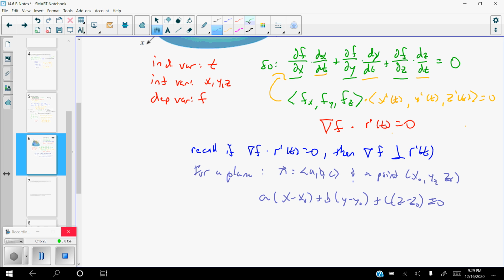Well, since we know that r prime of t is in the tangent plane, the gradient is normal to the tangent plane.